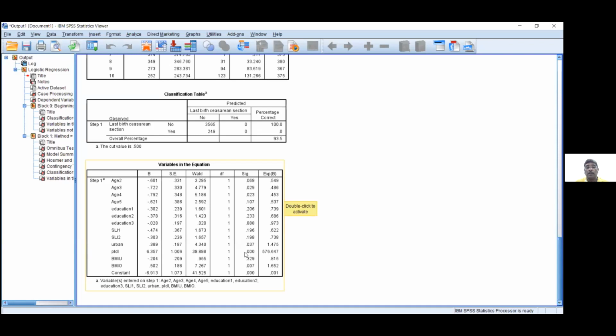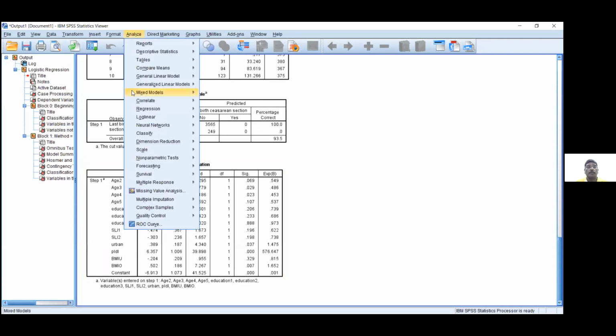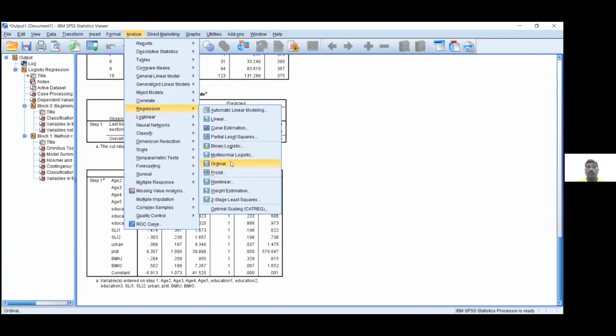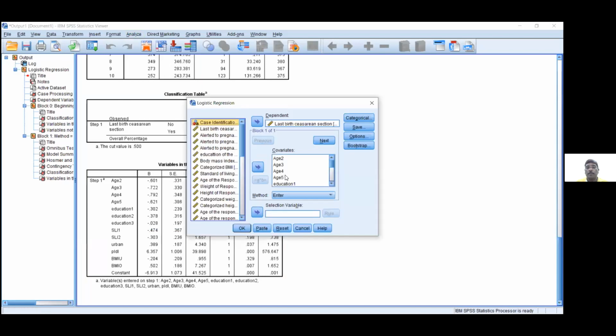This PLDL, I exclude in the next model and see what is the impact of education, because all educated females go to the private hospital. And this BMI is also significant. So now we exclude this PLDL from the model and see what happens.